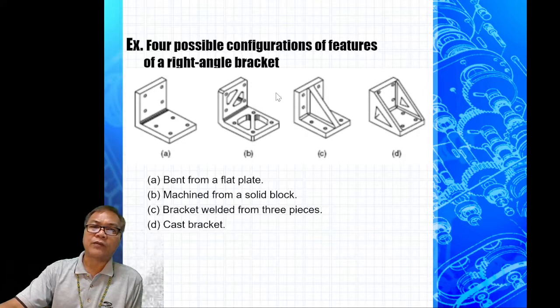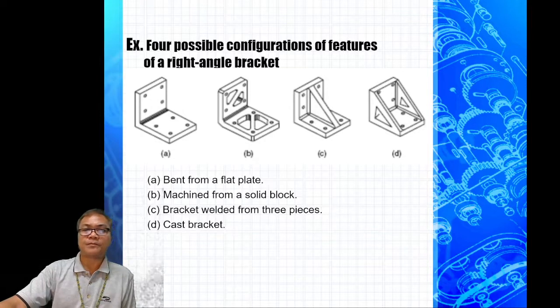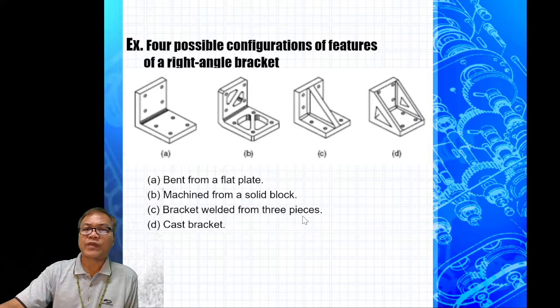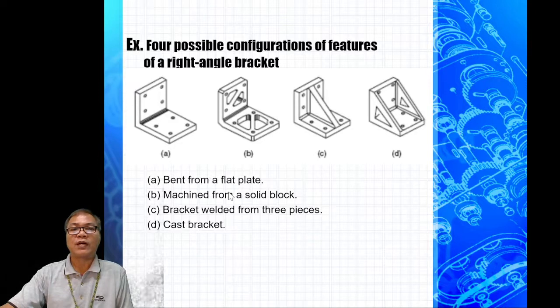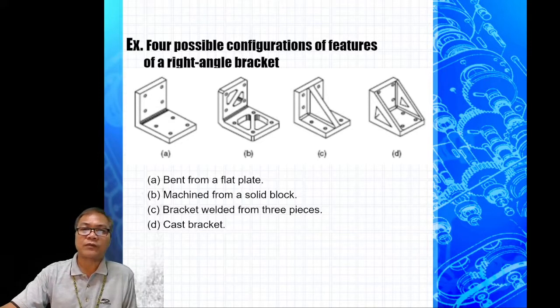Looking at it as a cube, you cut it and machine it. So this is another way of making the bracket. The third one is a bracket welded from three pieces: a square plate, another square plate, and a triangular plate, welded together to make a bracket with support.